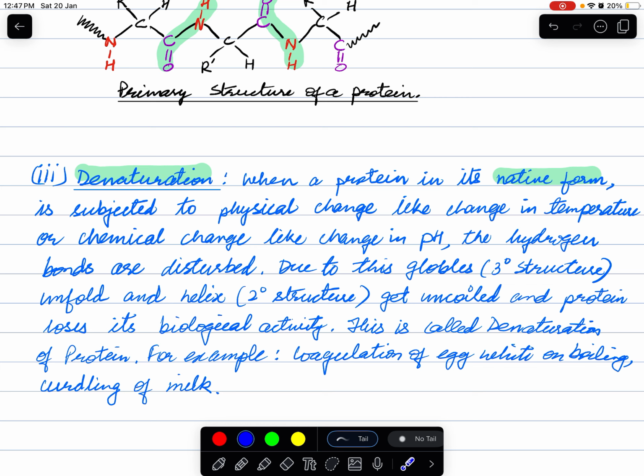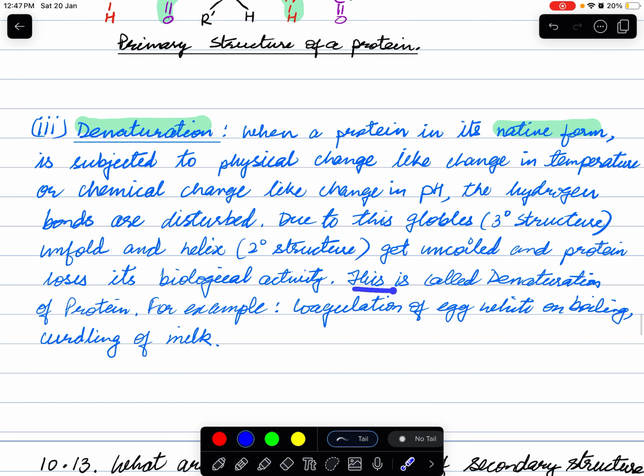Okay, so due to this, globules, which is tertiary structure of a protein, they will unfold, and a helix, which is secondary structure, that will get uncoiled, and a protein loses its biological activity. This is called denaturation of protein.